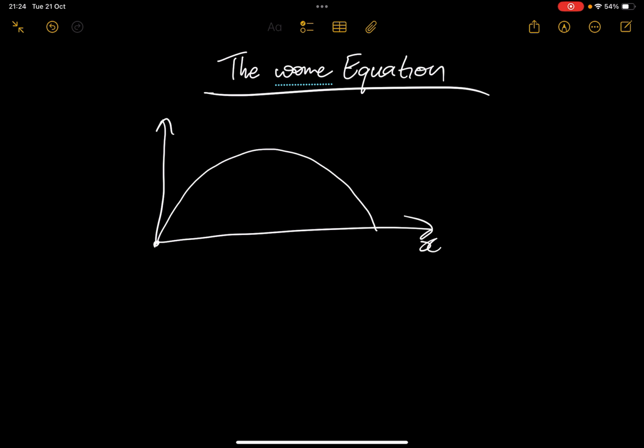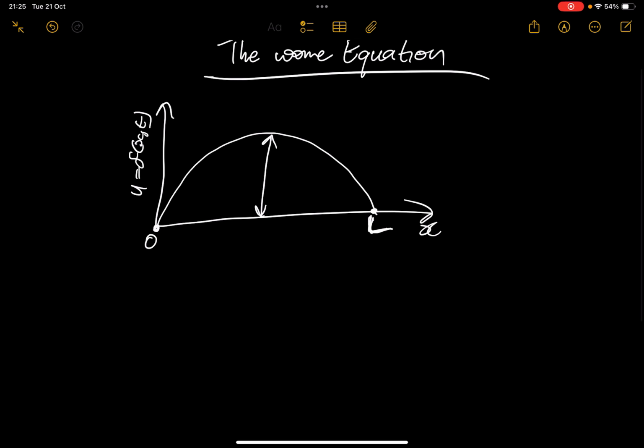The string is fixed between two ends, which are 0 and L, where L represents the entire length of the string. So this string is just displaced, and we are going to represent the y-axis as u is equal to f of x, t.